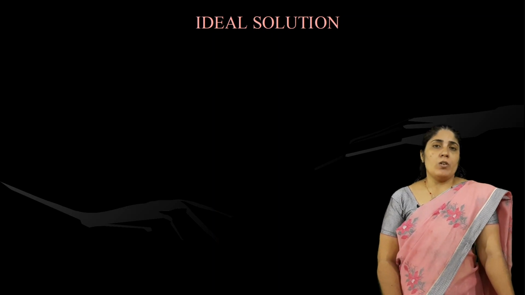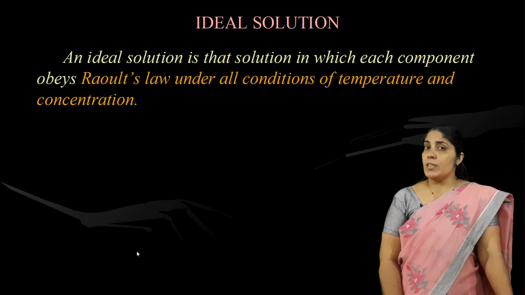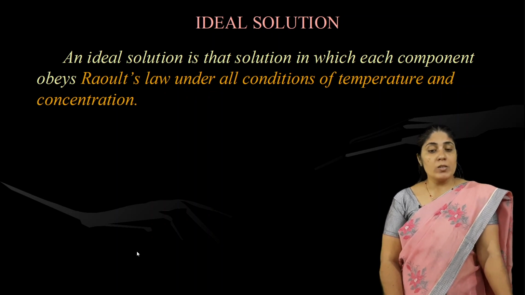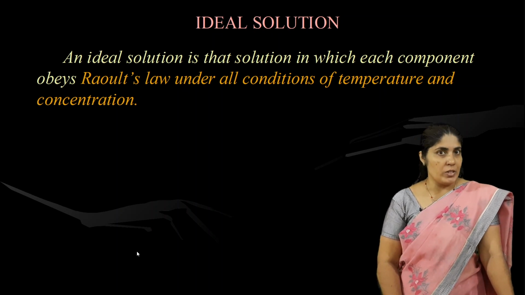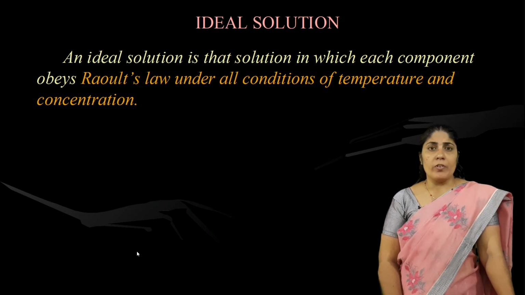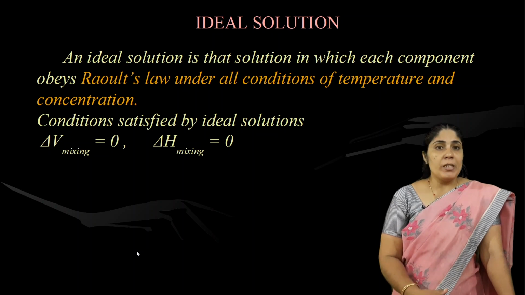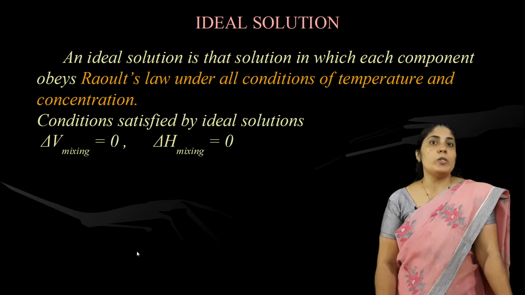Ideal solution. What do we mean by an ideal solution? An ideal solution is that solution which obeys Raoult's law under all conditions of temperature and concentration. The conditions which are satisfied for an ideal solution are delta V mixing is equal to 0 and delta H mixing is equal to 0.